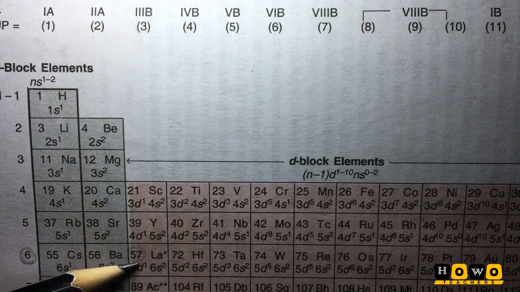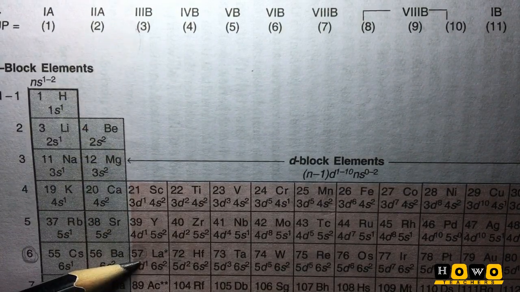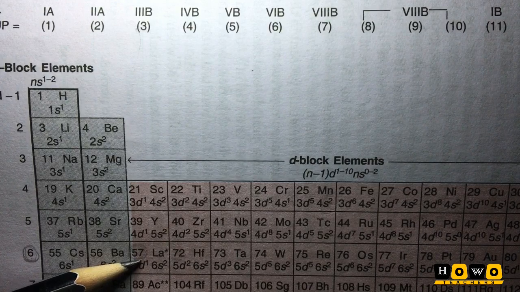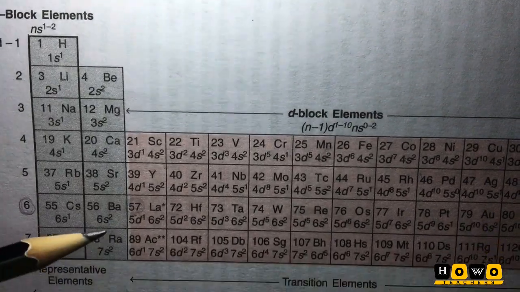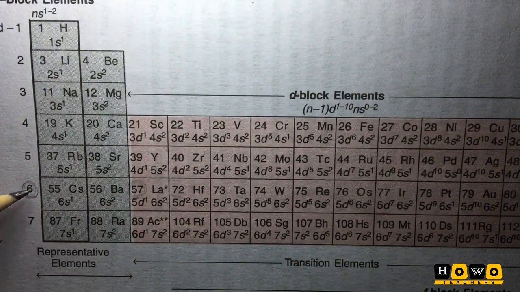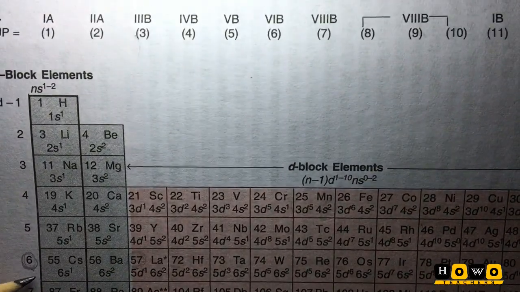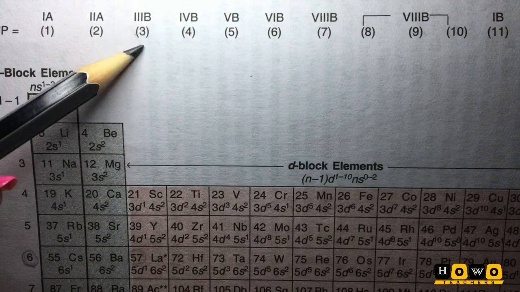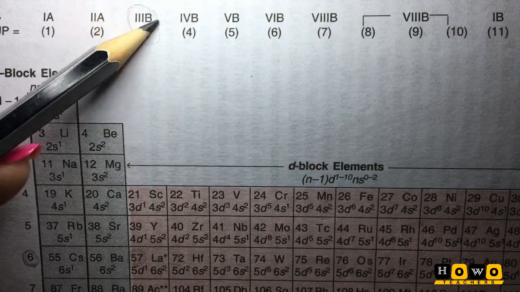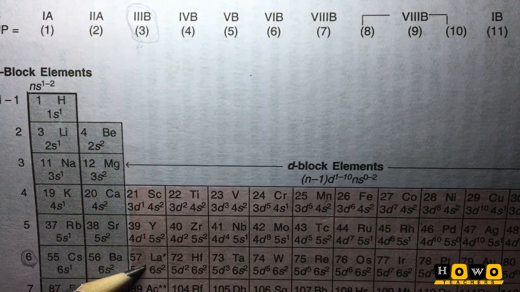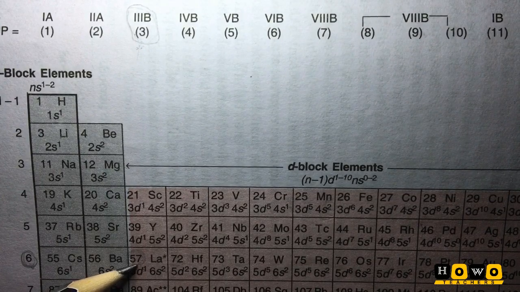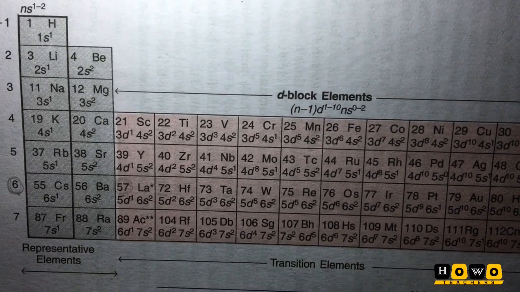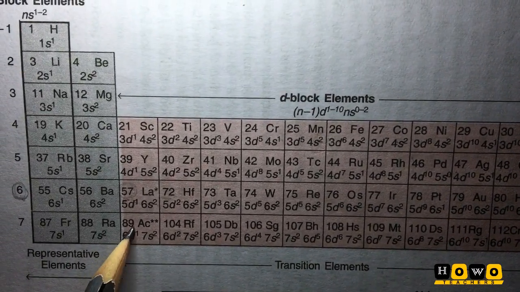So any atomic number that is coming between 58 to 71, if any atomic number is coming in between these, you can directly write the period is 6th and the group is the third, or more properly you can write the third B.